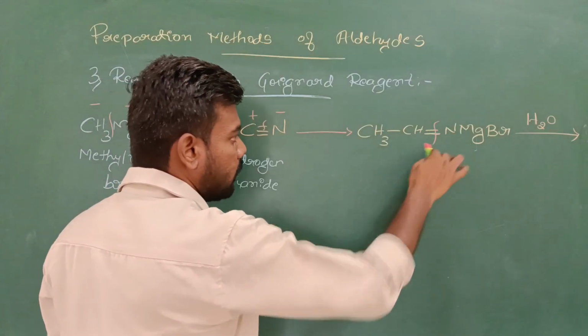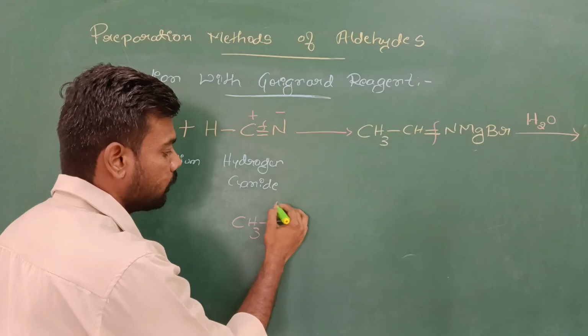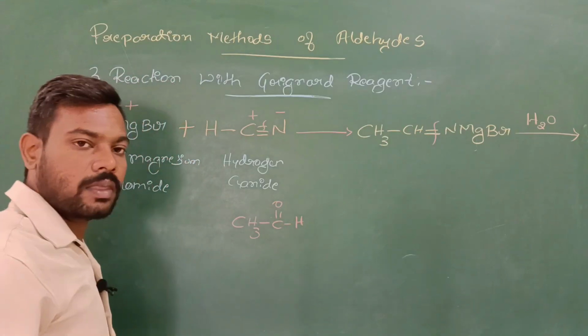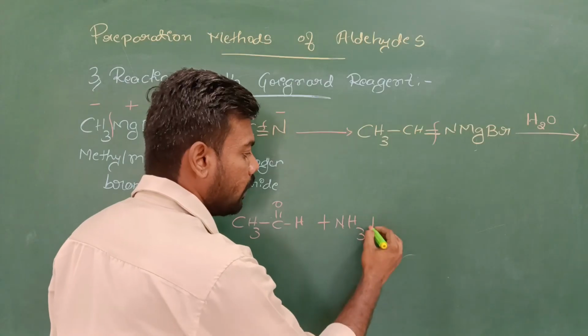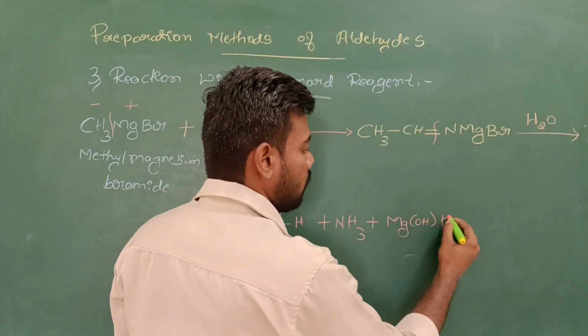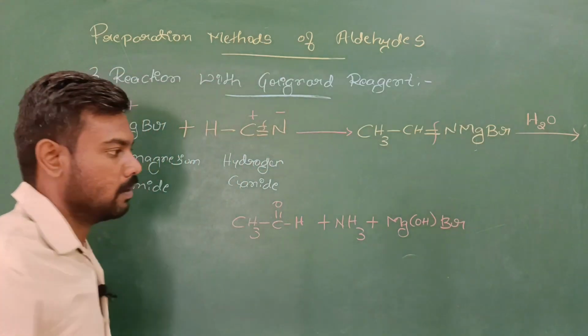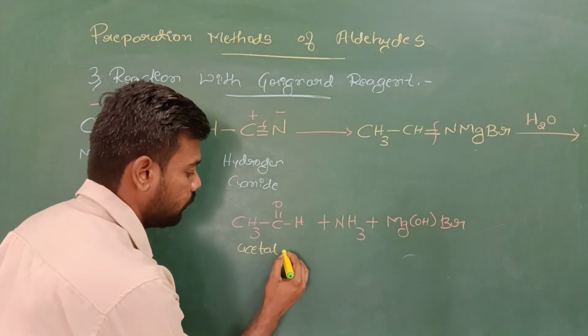See here, the bond will break to form acetaldehyde, ammonia and magnesium hydroxide bromide. This is acetaldehyde.